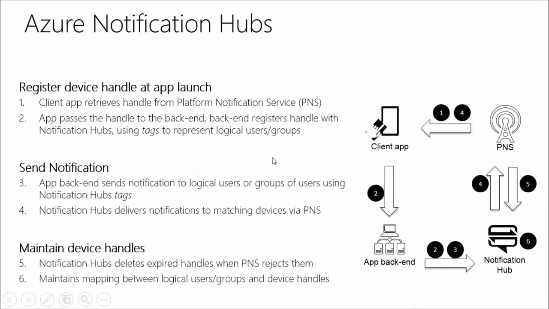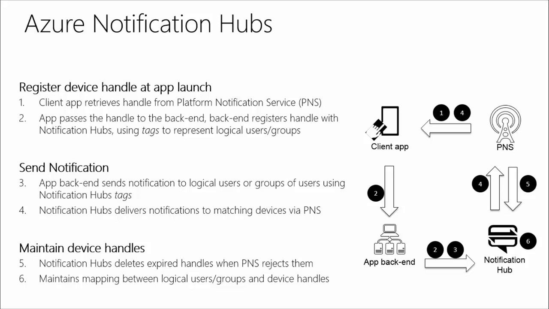For Azure Notification Hubs, if you think about an expanded version of push notifications, the same thing happens. The client app retrieves a handle from the platform notification services. The app passes the handle back to the back end, and it registers the handle. In this case, with the notification services, though, it's registering also a tag. If you think of a pub-sub model, the tag represents a logical user.